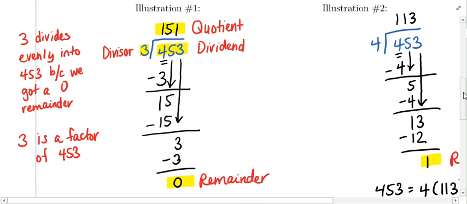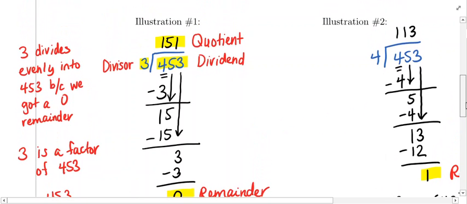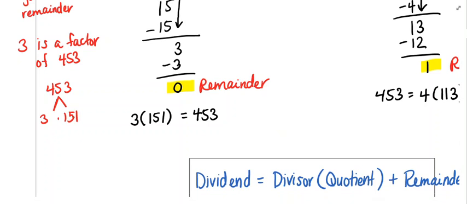If you made a factor tree, 453 can be broken down into 3 times 151. So because 3 divided evenly into 453, 3 is a factor of 453.